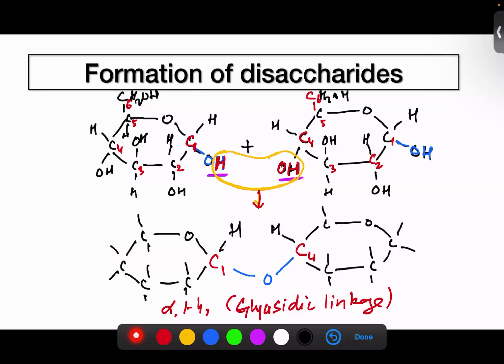So this is how a disaccharide is made. This process of joining these two, which has been shown by this arrow, is known as condensation.